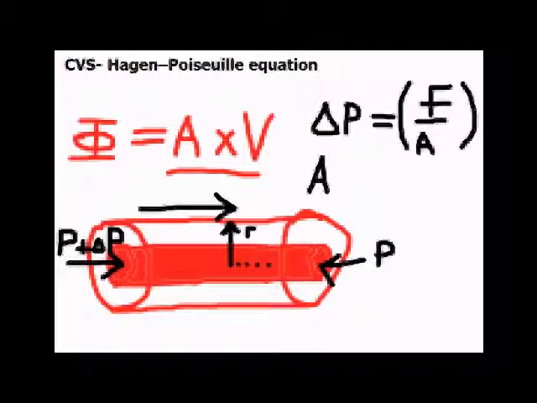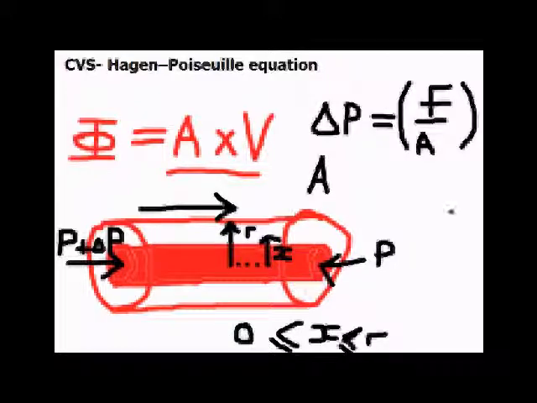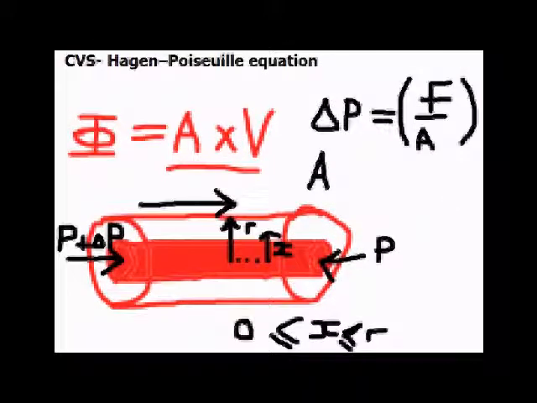And now we're going to have this inner tube here, and we're going to say that this inner tube is going to be of width x, and x we're going to define as less than or equal to r, and greater than or equal to 0, depending on how we want to view it throughout the course of this thought experiment.